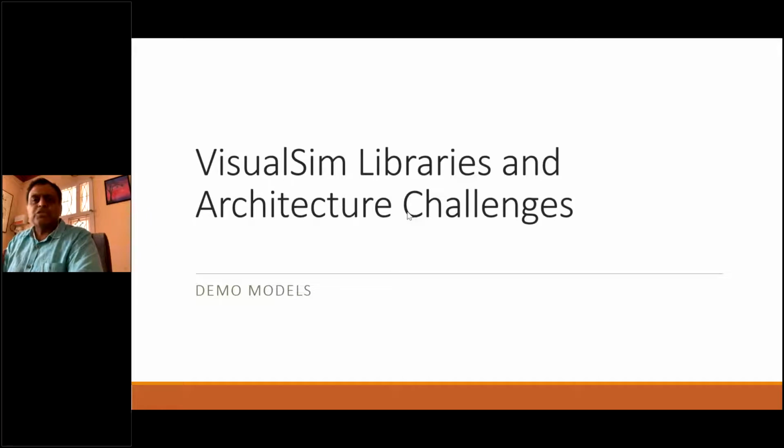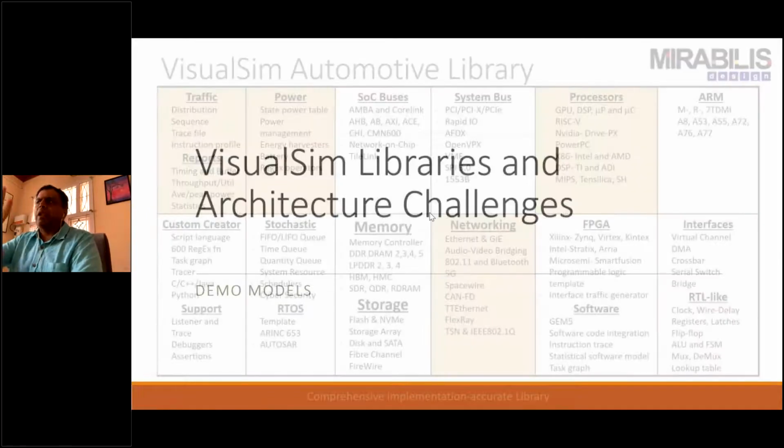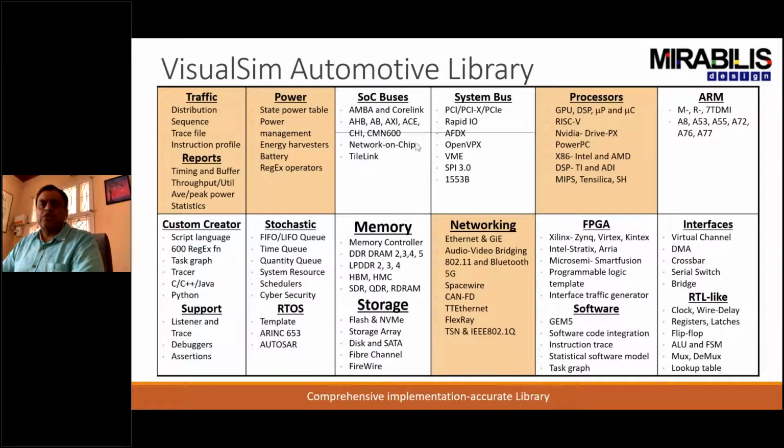So, VisualSim has a large set of libraries. As you can see, we have a huge coverage of libraries. Now, not all of it is required by you, and different parts of your organization may use a different set of libraries. For example, the networking group might use the Ethernet, the audio-video bridging, the 5G, and the FlexRay.